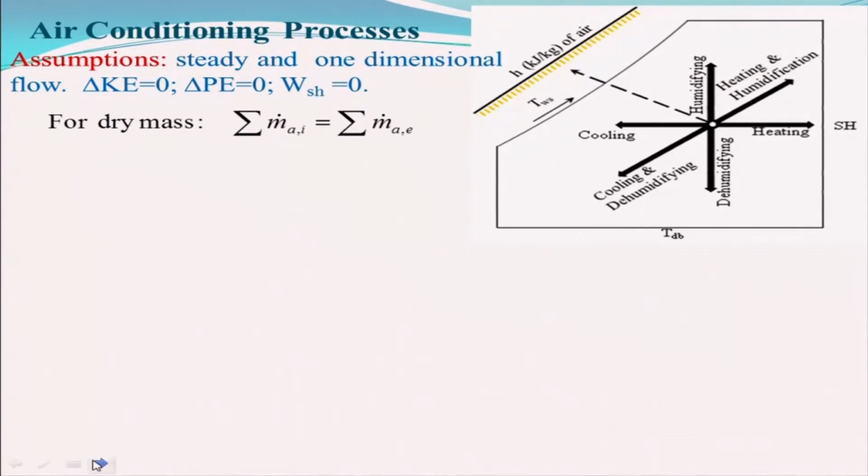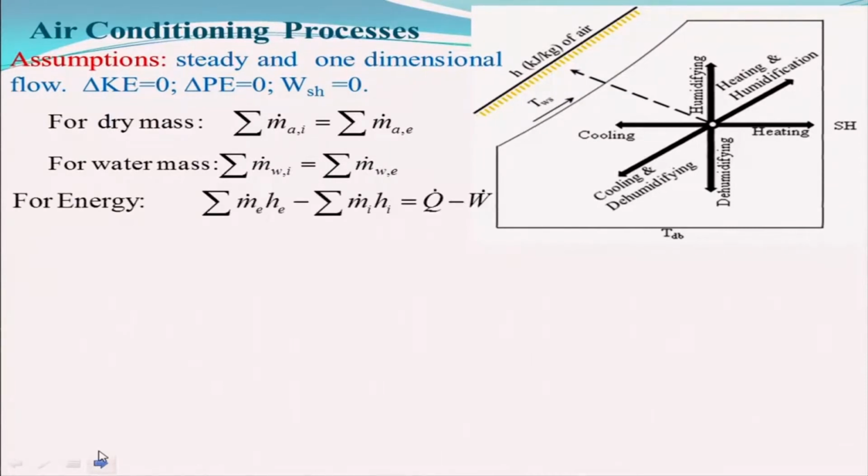These things we will be doing in all the cases, I need not repeat. And then we'll do the mass balance, the dry mass balance, that is for the air: the summation of air mass flow rate at the inlet is equal to the summation of air mass flow rate at the exit of any duct we are considering. And the water mass balance: the summation of water mass flow rate at the inlet is equal to the summation of mass flow rate at the exit.